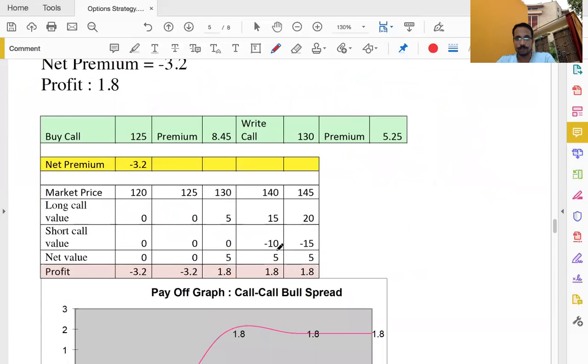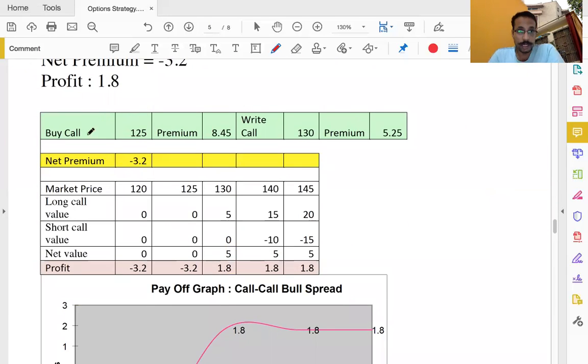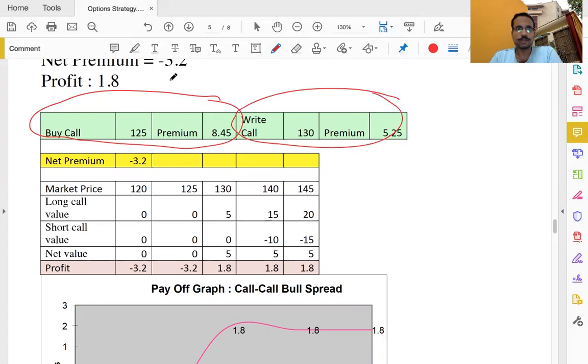But to clearly understand, look at this table here. What I've done is called a call bull spread, and I have made these two transactions. This is one and this is second, right? And you can see that if the market price is 120, I'm going to get minus 3.2.